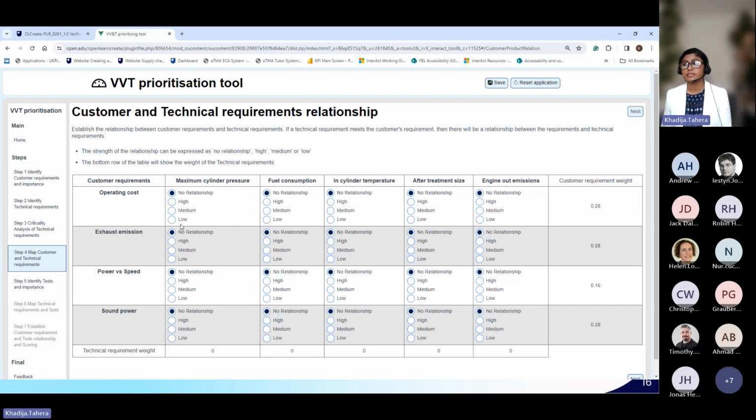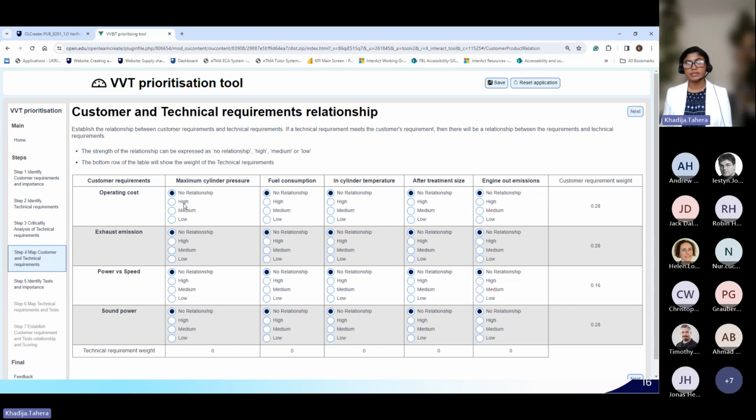If there is a relationship, how strong is that relationship, is it low, is it minimum, is it high? Again, that will depend on your understanding about the product and your experience, and then people need to work together to determine this number.